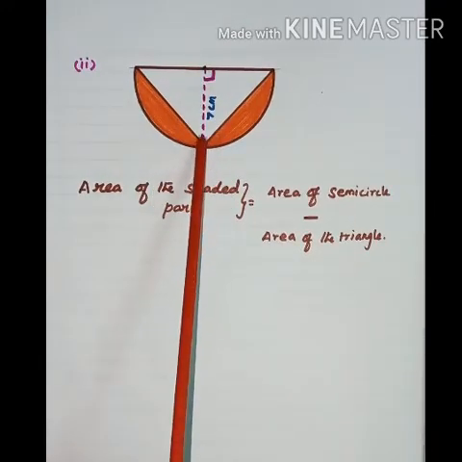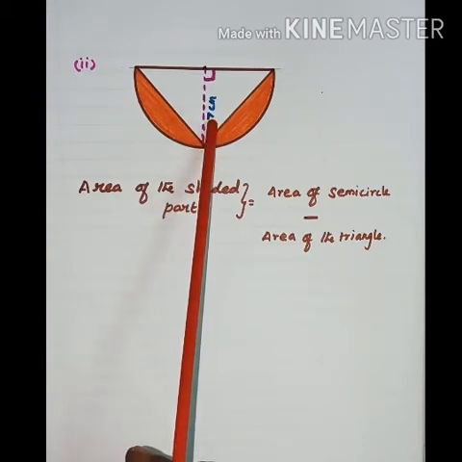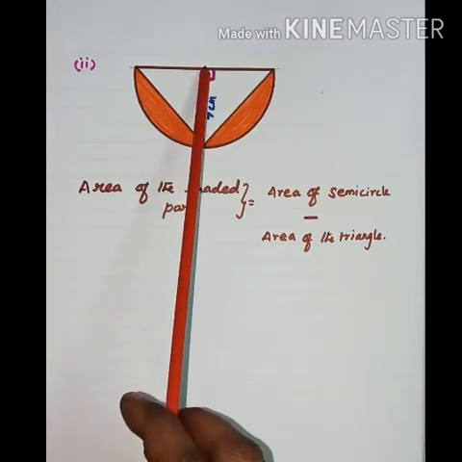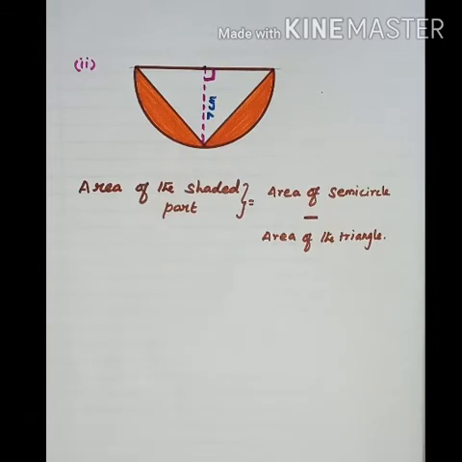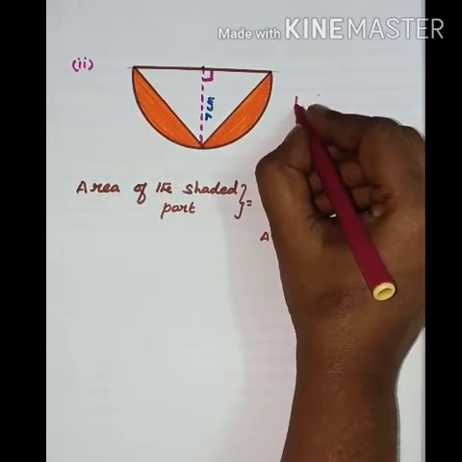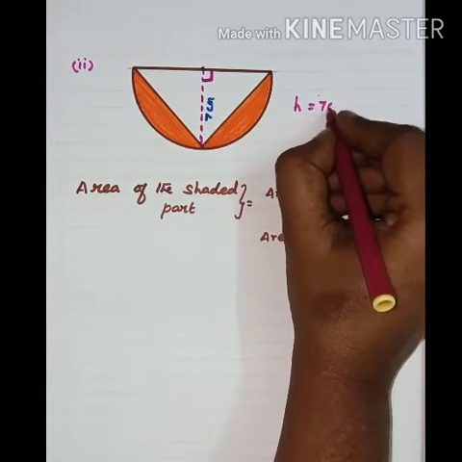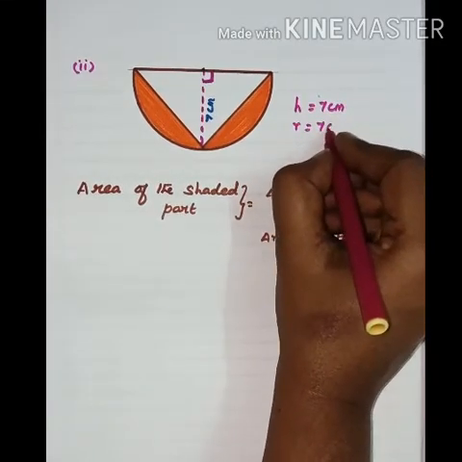Here the perpendicular height is given as 7 centimeter, which is nothing but the radius of the semicircle. H is equal to 7 centimeter and R is equal to 7 centimeter.